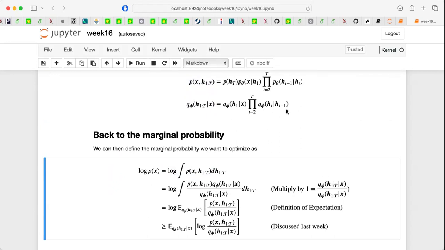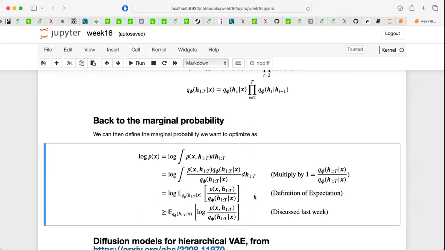This is a chain of these marginal probabilities for the encoding part. And this can be calculated analytically when you plug in a well-known probability distribution. So in principle, what you end up with is to calculate the expectation value of this quantity. And we showed that this quantity is larger or equal to the expectation value of the log of this quantity. This is something which we derived last week when we studied what was called the evidence lower bound.